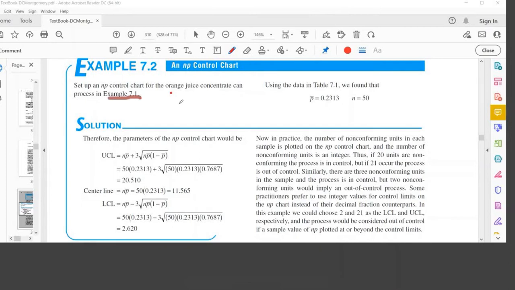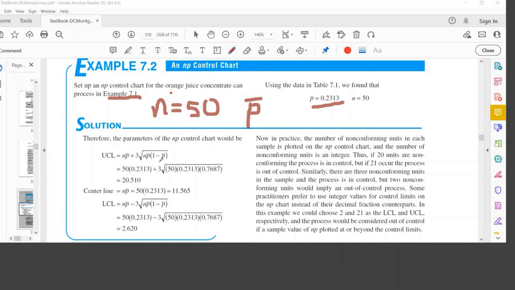The only difference is using a different formula. n is 50, which is given in the earlier example that we used for the p chart. We already calculated p bar, which is given by this one.